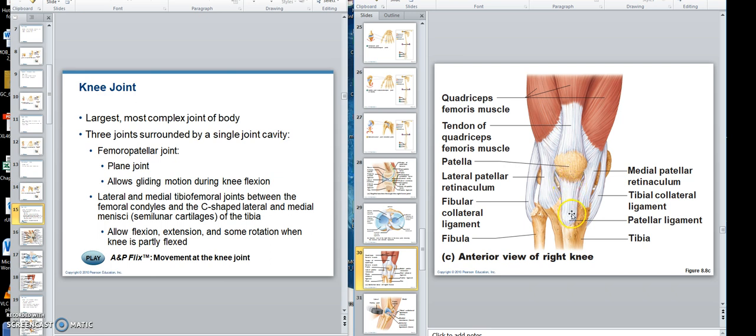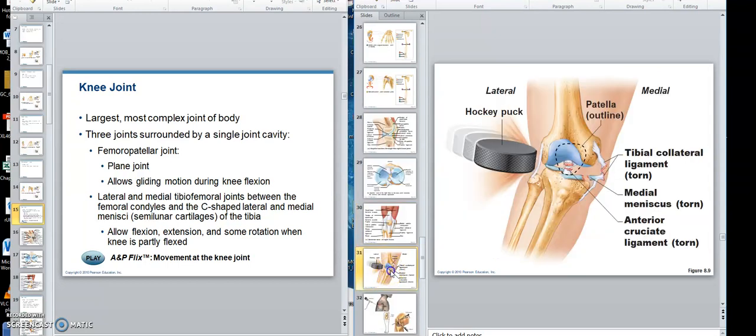Patella ligament, shall I say, right there. And then you have a patella tendon too. Okay, so what happens is, like right here, here's this hockey puck. You see it's tearing that meniscus a little bit, that collateral ligament, and the anterior cruciate.